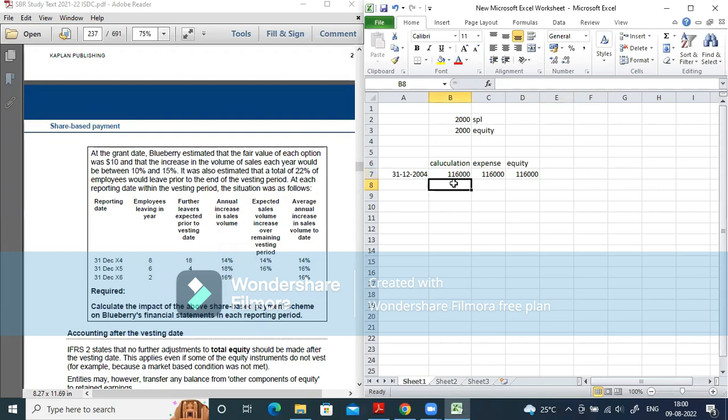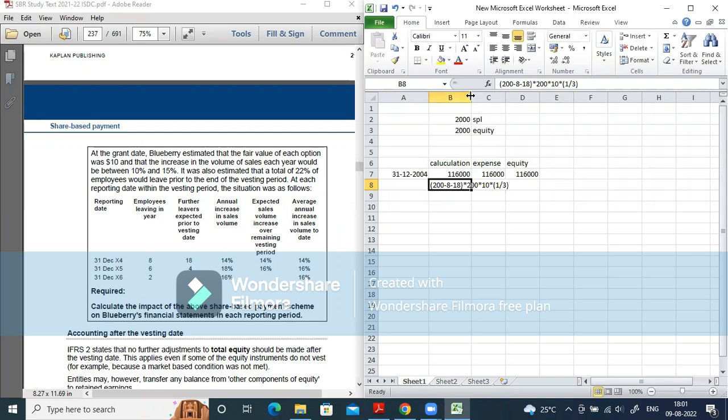Below this, I'm showing how we got this 1,16,000: 200 minus 8 minus 18, into 200 into 10 into 1/3.